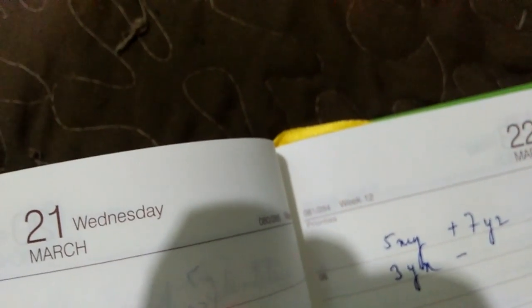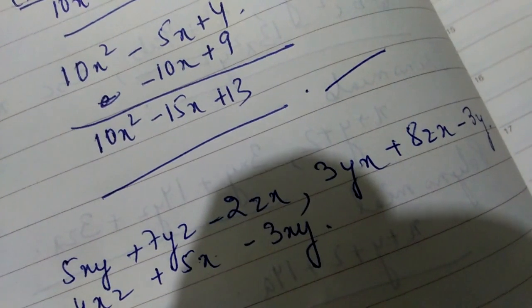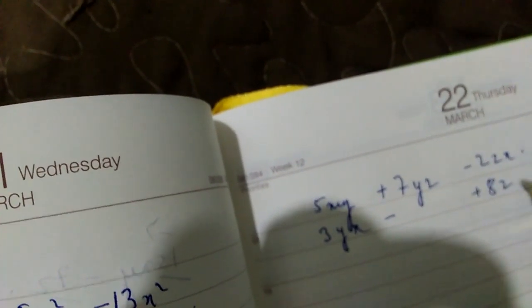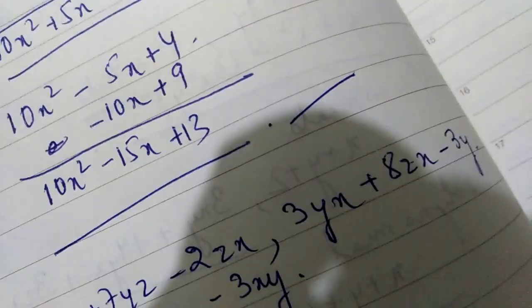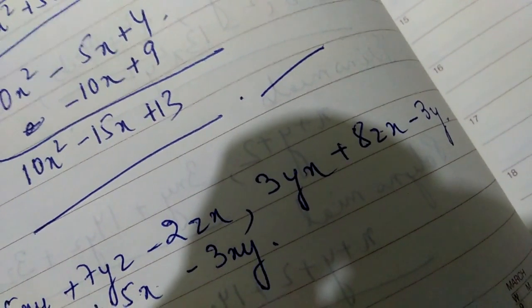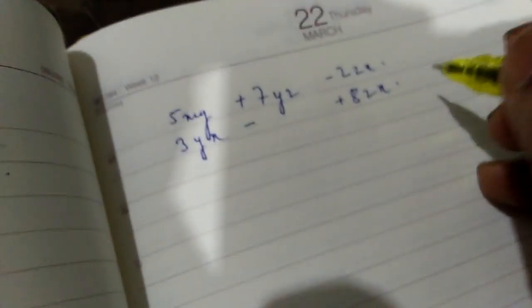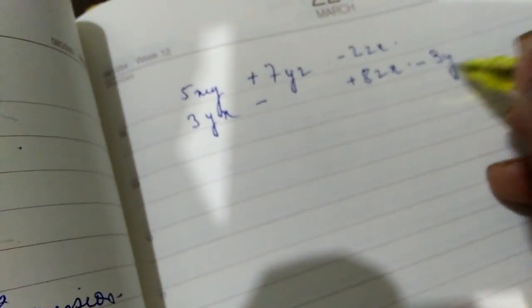Now the second expression is 8zx, so we will take plus 8zx here, minus 3y. We can see that there is minus 3y and there is no term of y in the first expression, so minus 3y will come outside. There will be nothing above minus 3y.